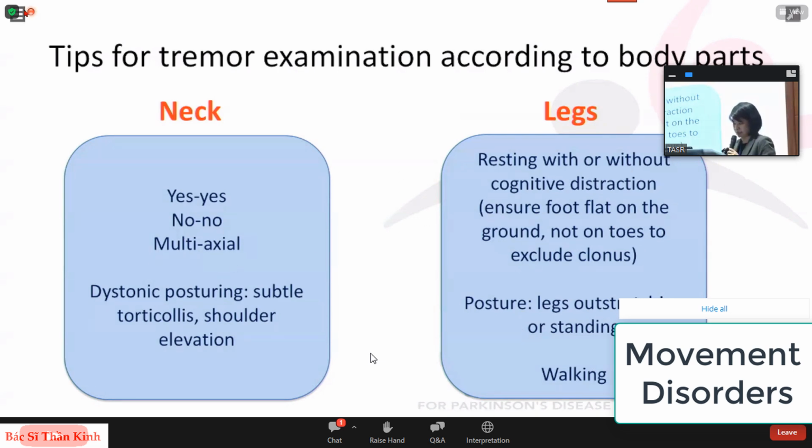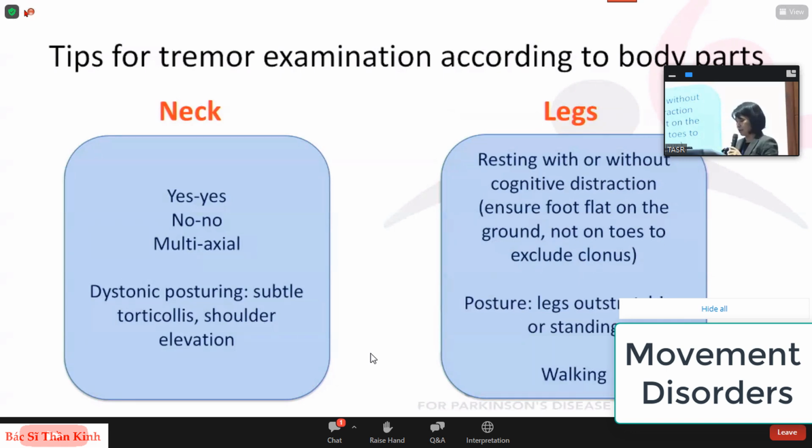For leg tremor, it can be classified into rest tremor, for which you have to ensure that the foot of the patient is flat on the ground to be a true resting position.